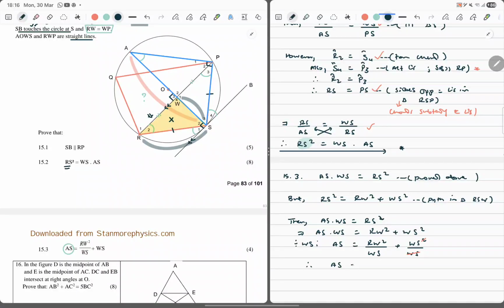So therefore AS is RW squared over WS plus WS. As you can see, guys, algebraic manipulations will always be involved.